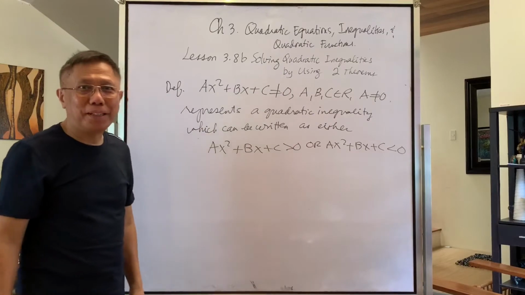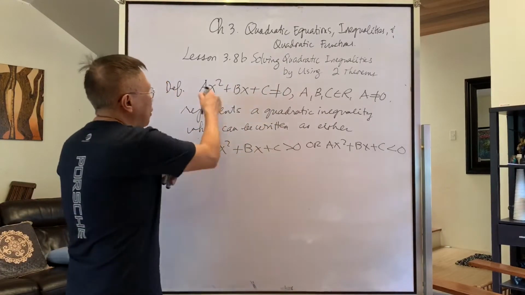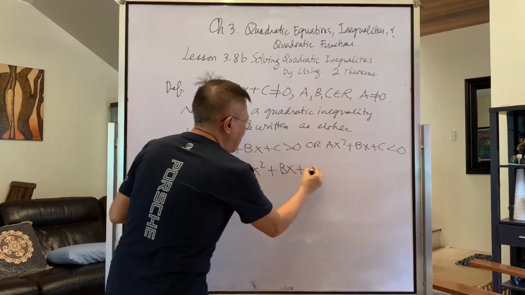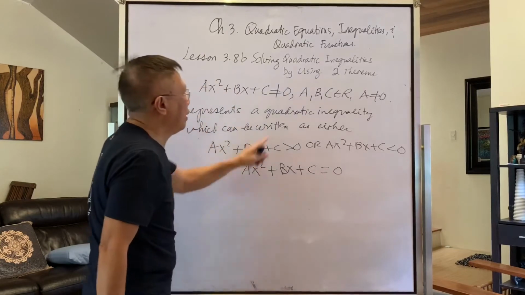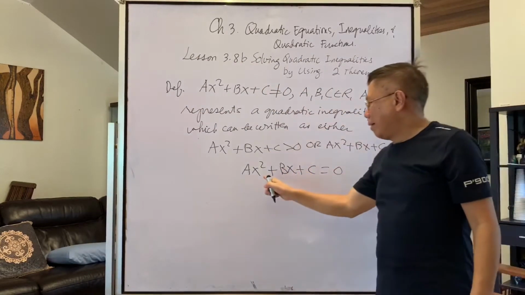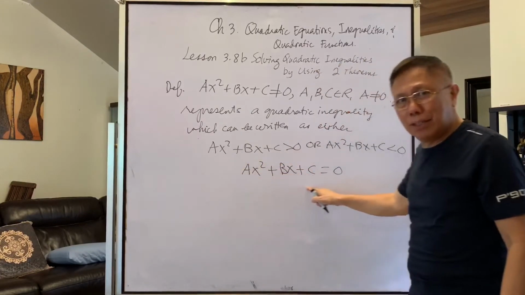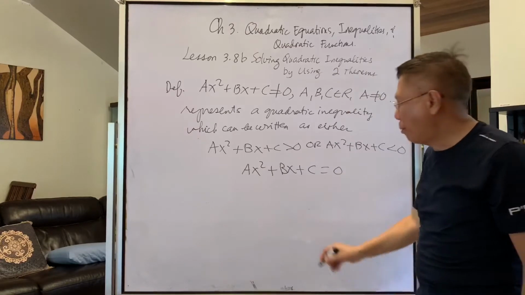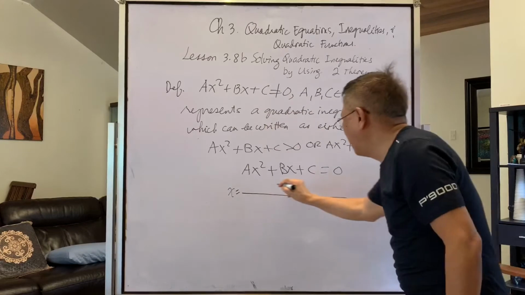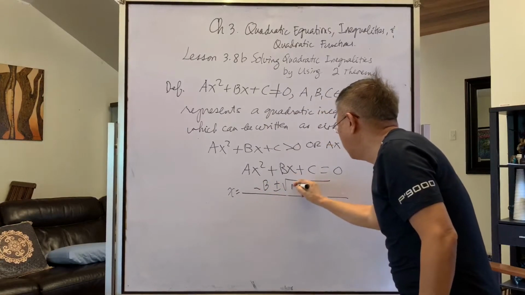At this point, we are familiar with the solution of this statement, ax squared plus bx plus c equals 0, where a, b, c are elements of the real numbers and a is not equal to 0. This is our familiar quadratic equation in standard form, where the solution is given by this quadratic formula.